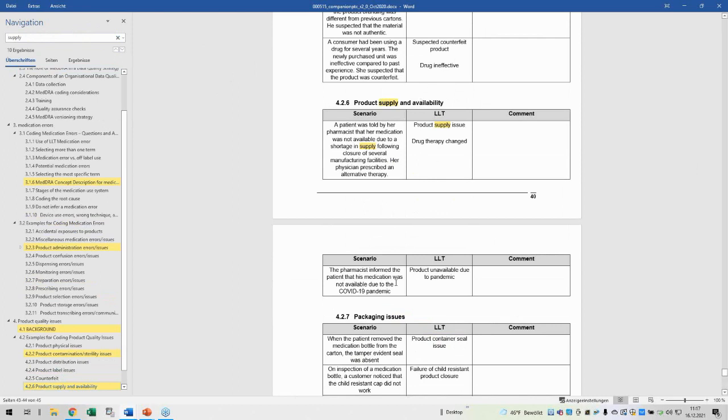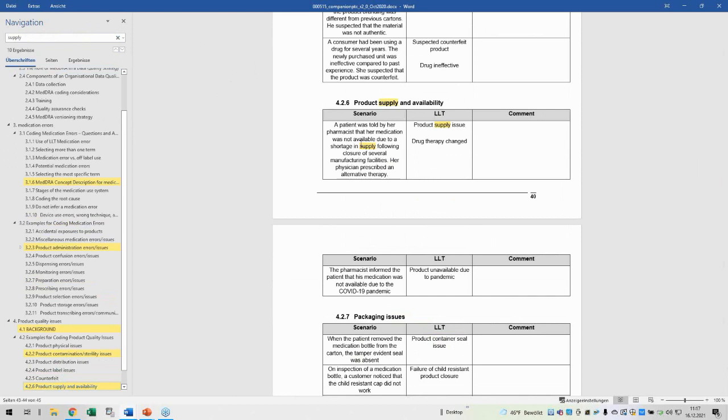And here the pharmacist informed the patient that his medication was not available due to the COVID-19 pandemic. Yeah, but here it's truly said that it's an availability issue, and here also available shortage in supply. So this is the kind of example that does not reflect real life scenarios. I don't find it helpful here, and it's not further explained. So I think both would be fine.